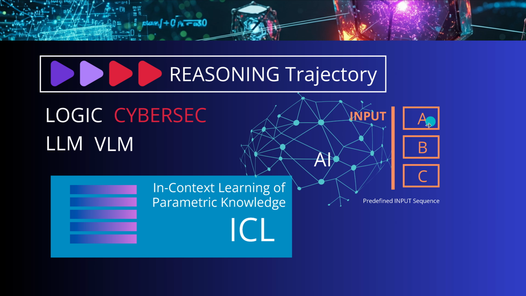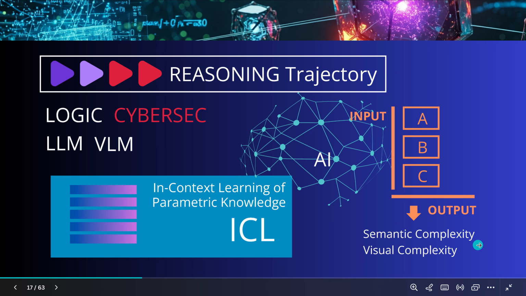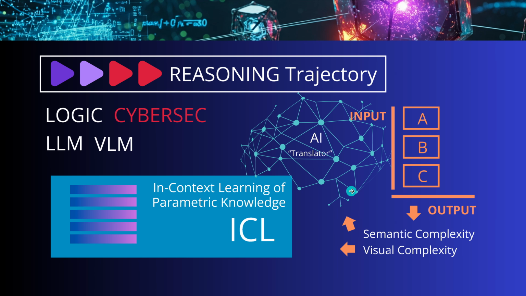Great. Then we have the external deterministic system that is coded, and guess what? We have an output. And as I already showed you, whatever the complexity of the output may be, maybe a semantic complexity, maybe a visual complexity, we just feed now the result back into the AI.